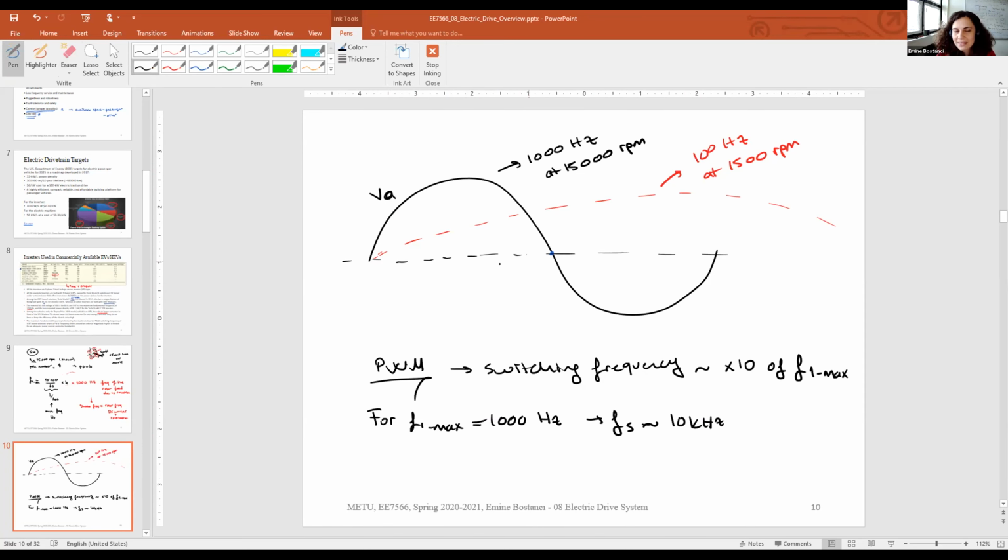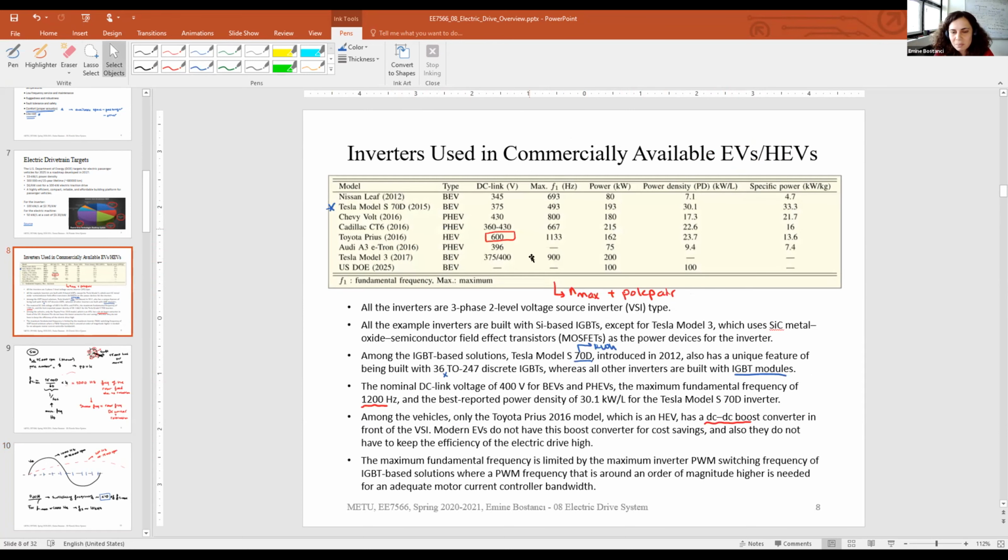So if you want to keep the fundamental frequency around 800 or 1000, they keep the switching frequency around 10K or 12K. And maybe you remember here, they said that we can use silicon-based IGBTs. As you know, silicon-based IGBTs are not known for their fast turn on and turn off times.